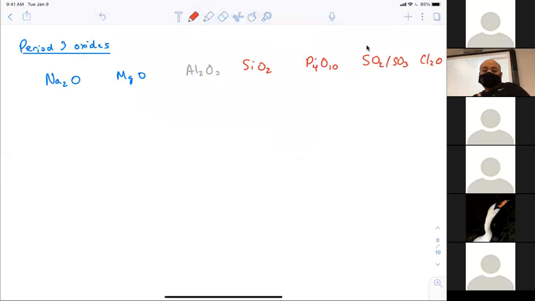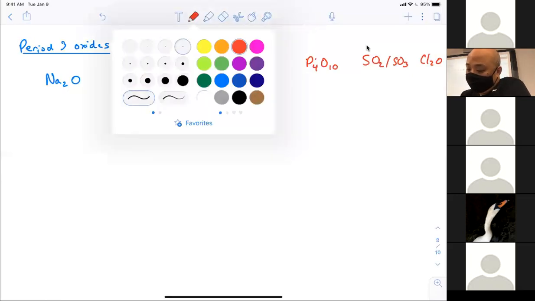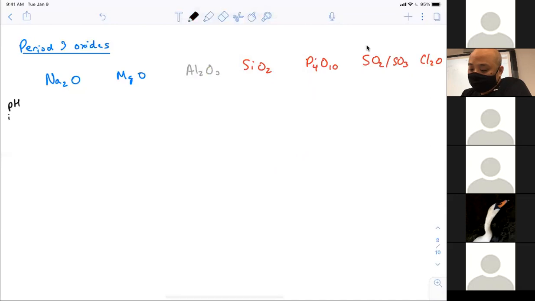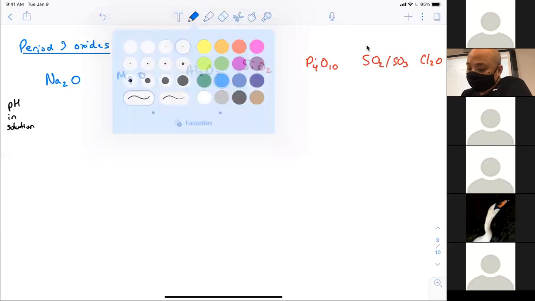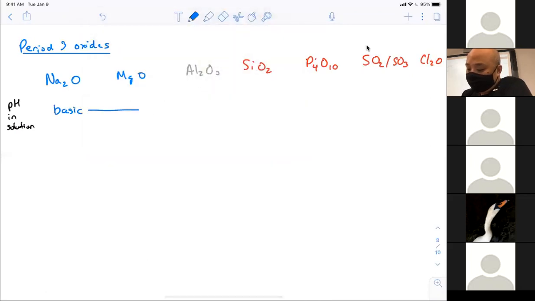And there are major characteristics that follow these ideas. One of them is pH in solution. When you dissolve these things, you'll get certain solutions. These two form basic solutions. Actually, let me draw a line here. Al2O3 is amphiprotic, meaning it can act as an acid or a base. And then from there on, they're all acidic.